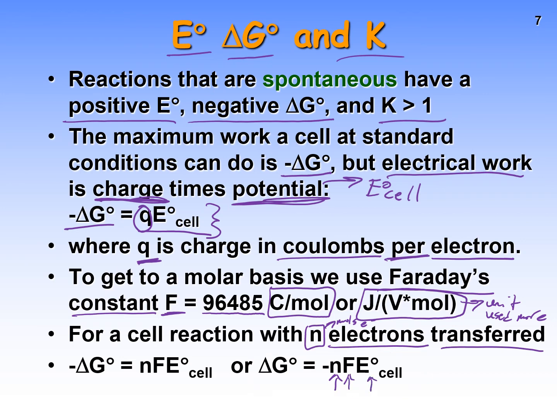Now, F in this case is Faraday's constant, 96,485 joules over volts times moles. And like I said, n is moles of electrons transferred in the reaction, and this is E naught cell. Using this equation, we can go back and forth between these two variables. I will provide this equation on a test, so you don't need to memorize it.